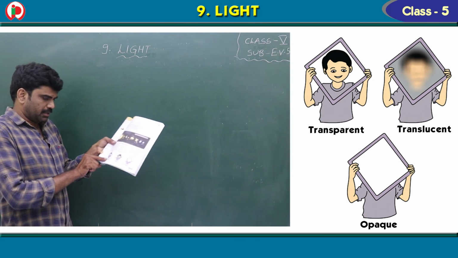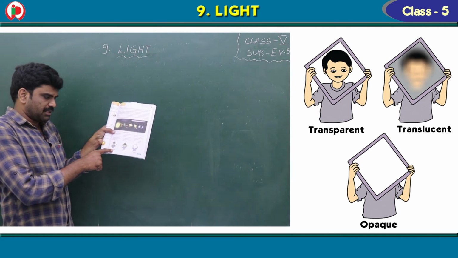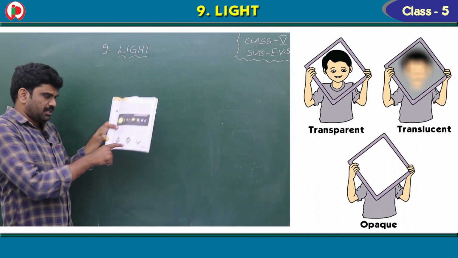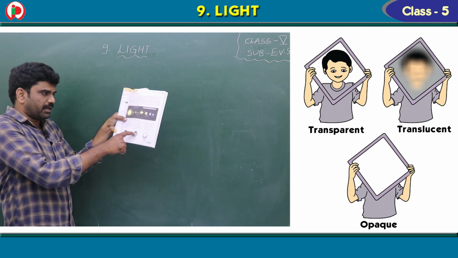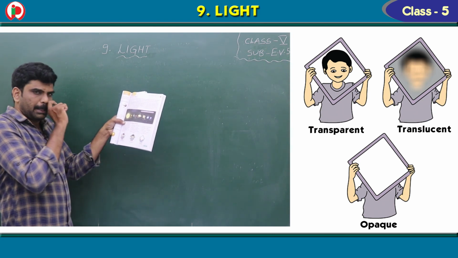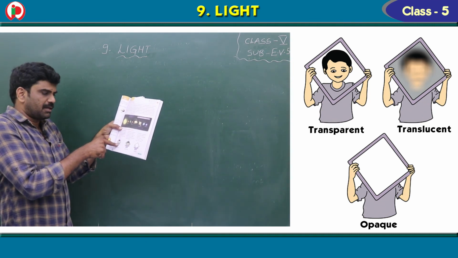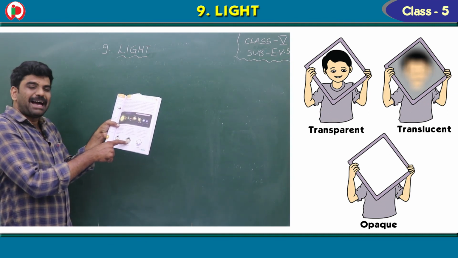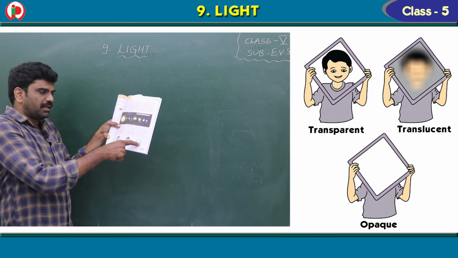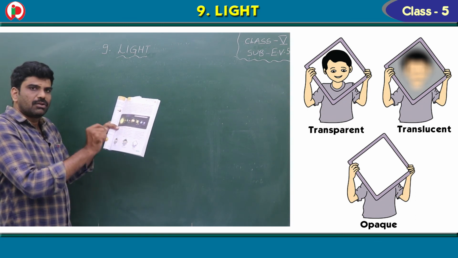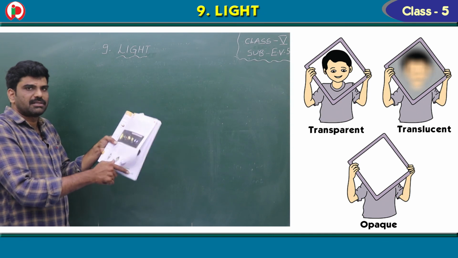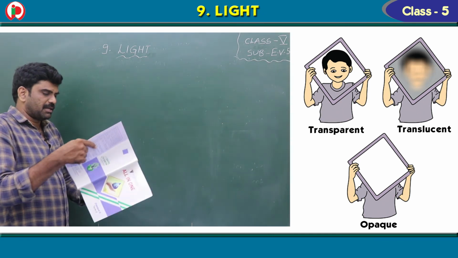Children, see, this boy is with the transparent glass, clear glass, and this is translucent, and this is opaque. So transparent means the light will pass through the substances completely. Here partially, that means only some light. Here what happens? Not at all, the light won't pass. So here take page number 72.